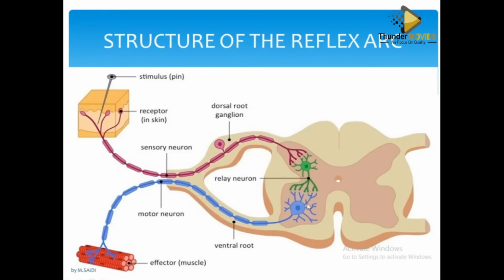The motor neuron will take the impulse out of the spinal cord via the ventral root. The motor neuron will take the information to the effector, in this case muscles or glands, and then the effector will react or contract so that the hand or the part of the skin is withdrawn from the painful object.